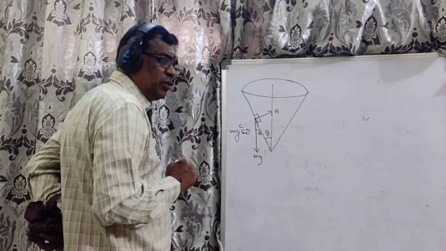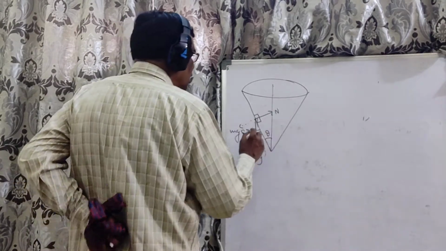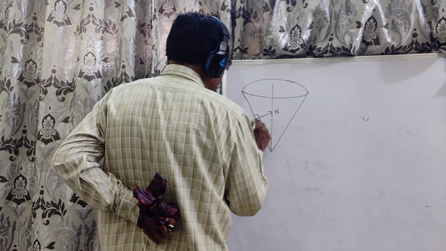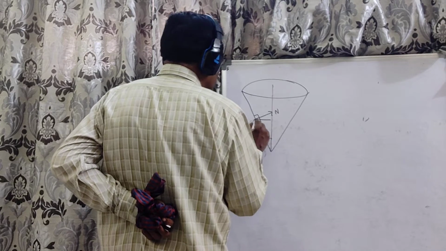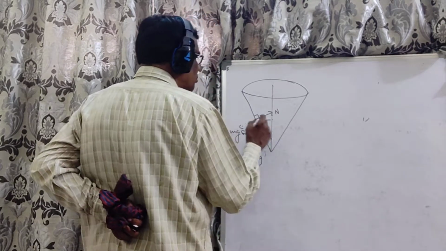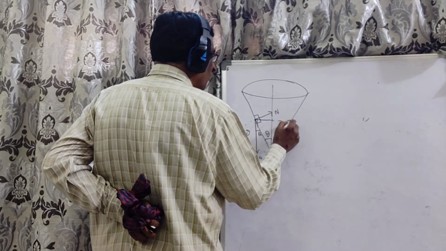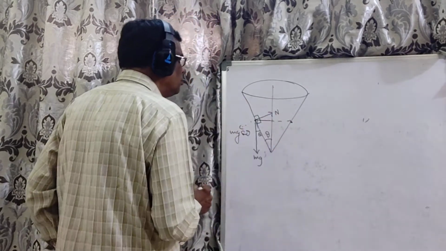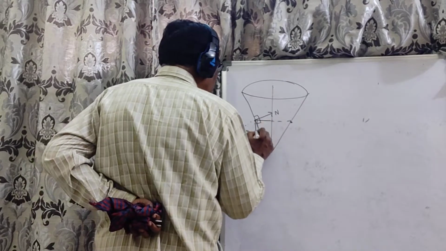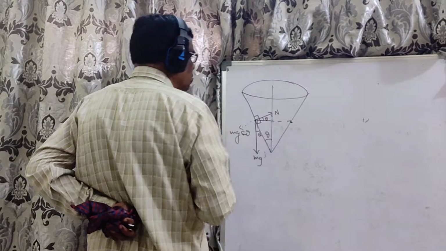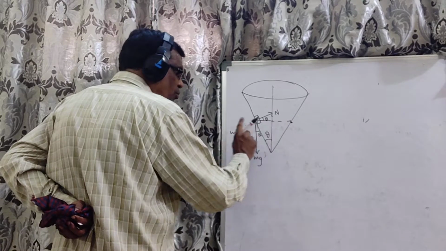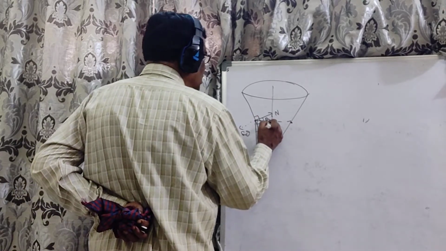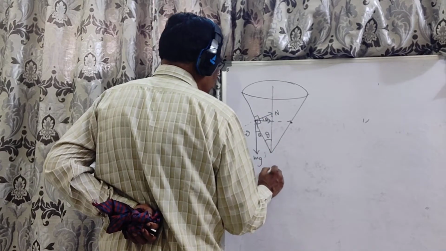What is the centripetal force here? This is N, this is mg. Now, if this is theta, this is theta. The circle of motion is like this here. What would you write there?